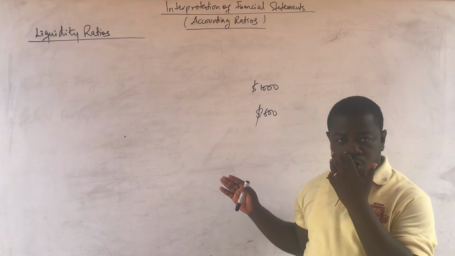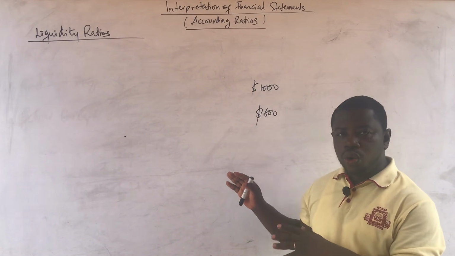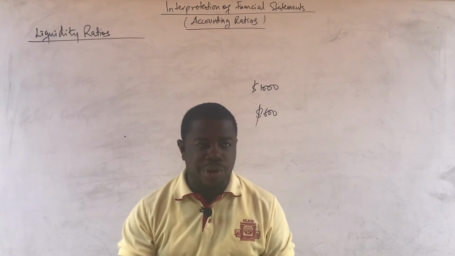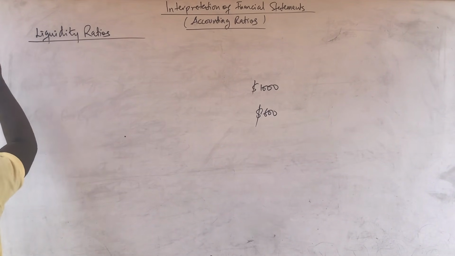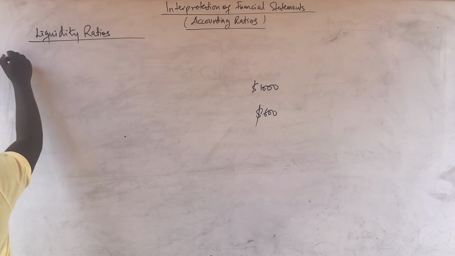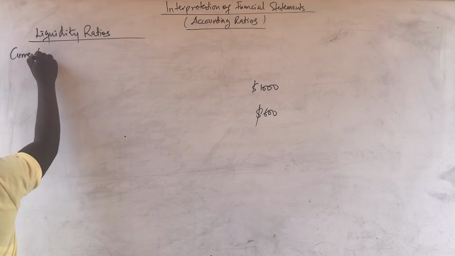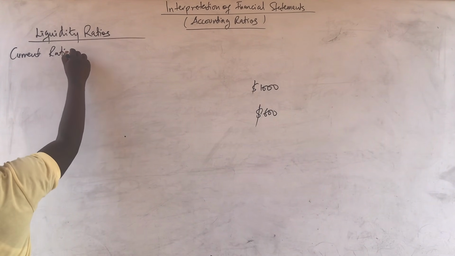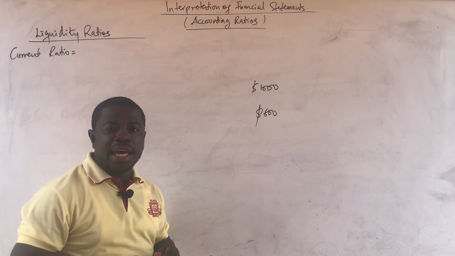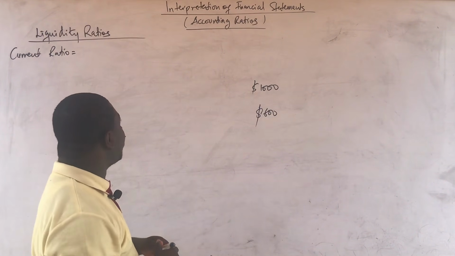The first ratio that we are going to look at over here is the current ratio. So let me call it ratio number 4, continuing from where we left off. So the current ratio. Now the current ratio simply is a ratio of current assets to current liabilities.